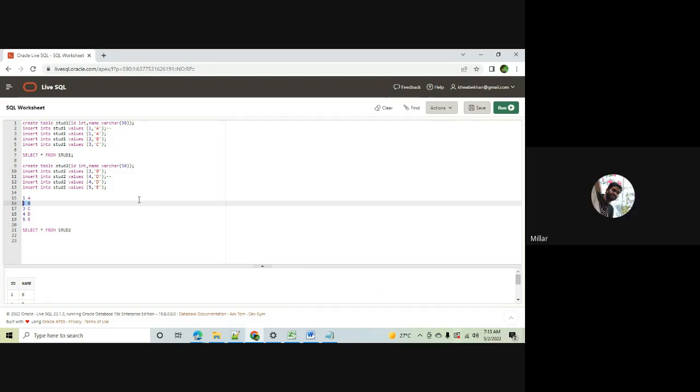I think from table 1. Table 1. Or if someone tells me that I have taken it from table 2, will that make any difference? I think it is taken from table 1 because it is actually taking distinct records.